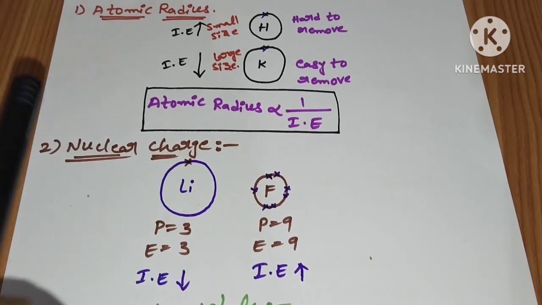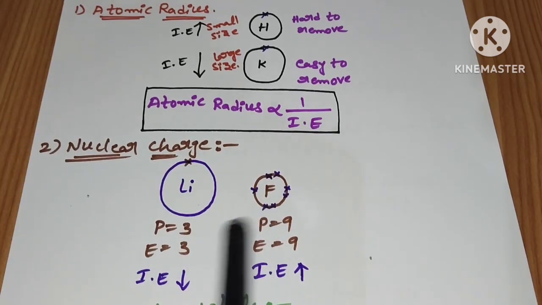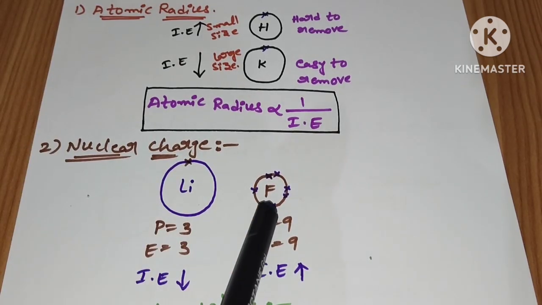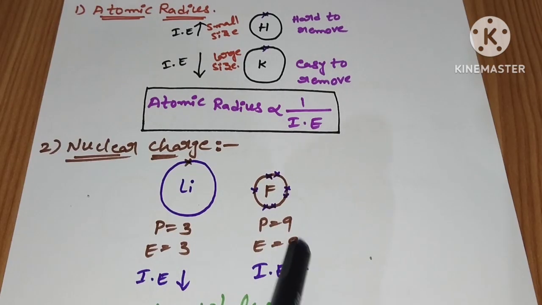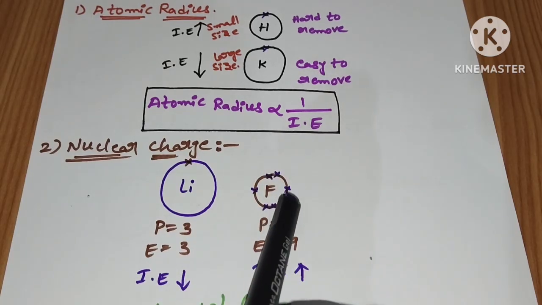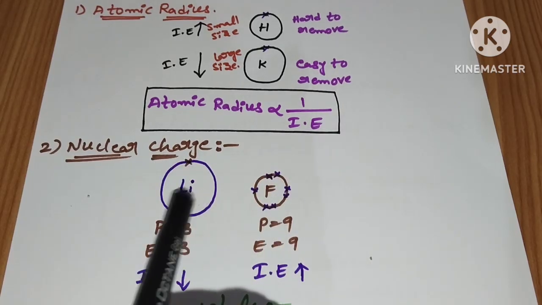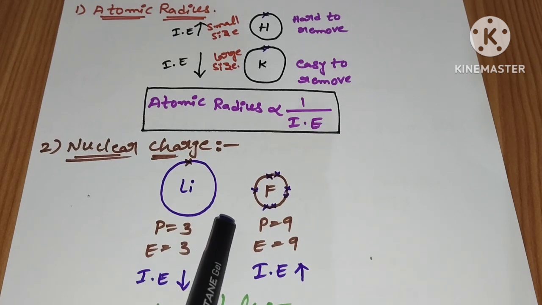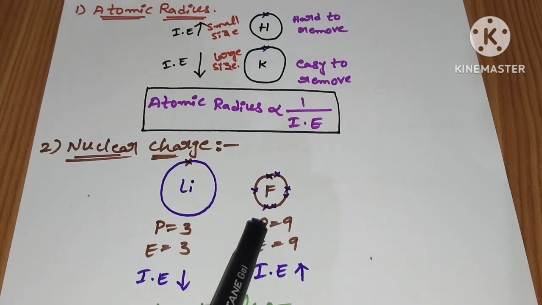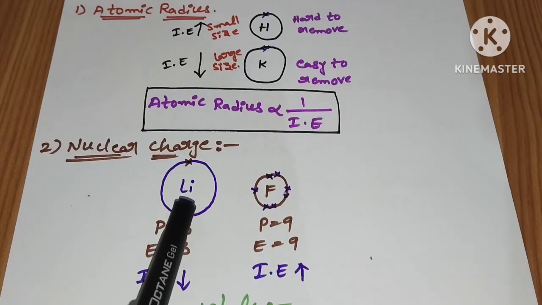Next, nuclear charge. Here consider lithium and fluorine. There are 3 protons and 3 electrons in the lithium atom, while fluorine has 9 protons and 9 electrons. The size of fluorine is smaller than lithium. Because of smaller nuclear charge, it is easy to remove an electron from the lithium atom.